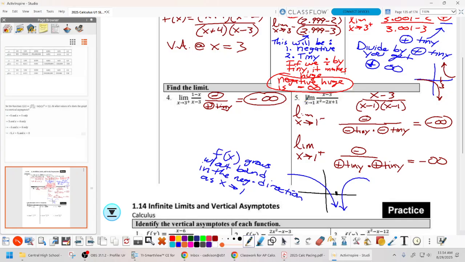Let's see if we can make this painless. If you're good with not finding the vertical asymptotes and just doing this part, evaluating the limits so you know if it goes to infinity or negative, let's just do 14 through the end.